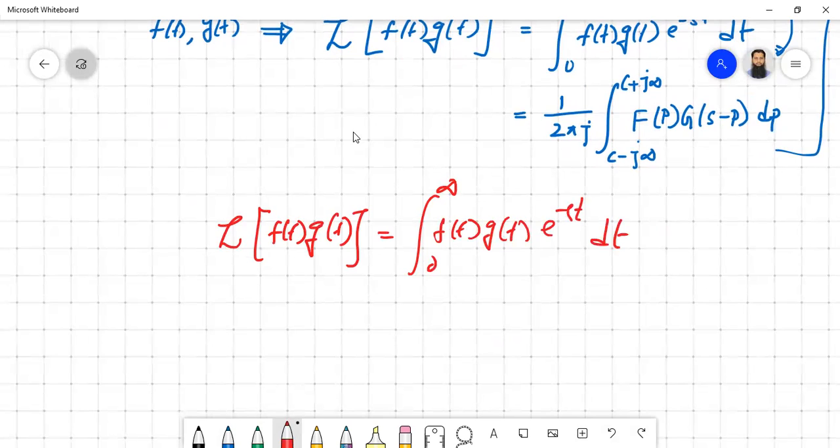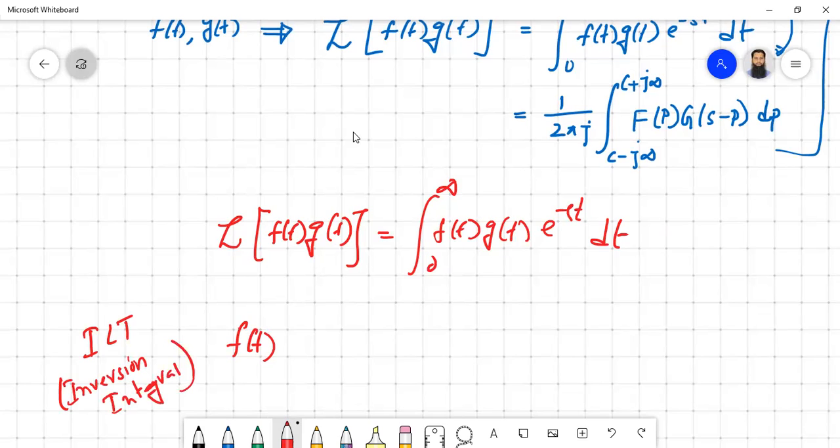Now, the inverse Laplace transformation, sometimes also known as the inversion integral, says that f(t) is 1 by 2 pi j times the integral from c minus j infinity to c plus j infinity of F(s) e to the power st ds.